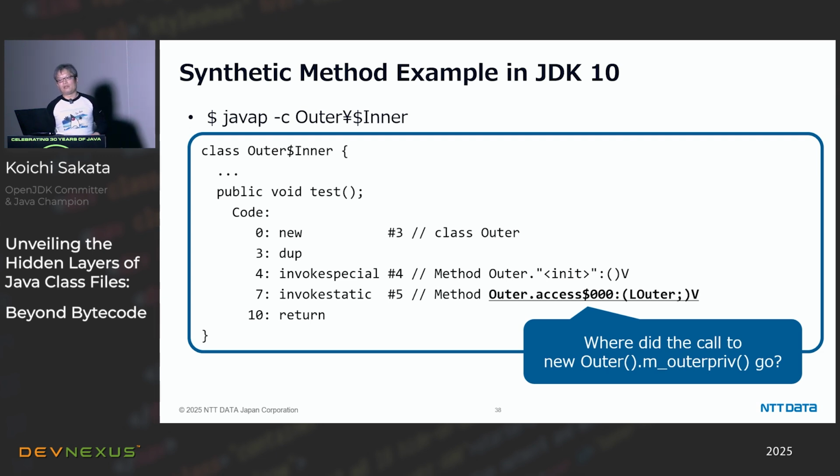We compile with JDK 10 and run the javap command for the inner class. We can see that a mysterious static method Outer.access$000 is called. Where does the private method call go?